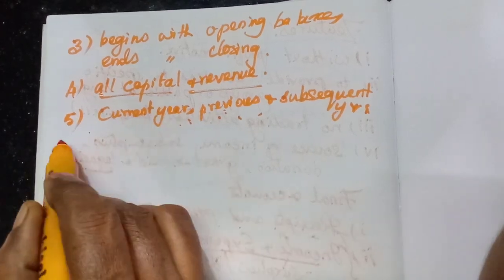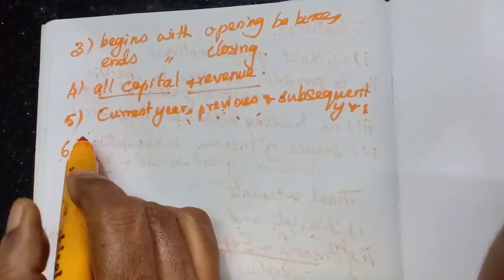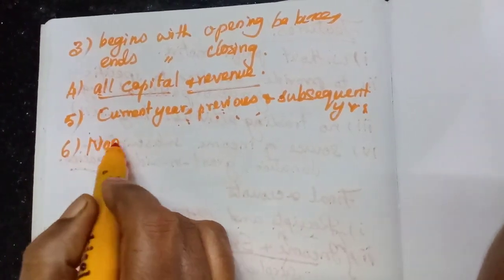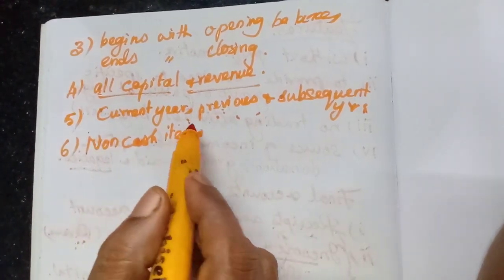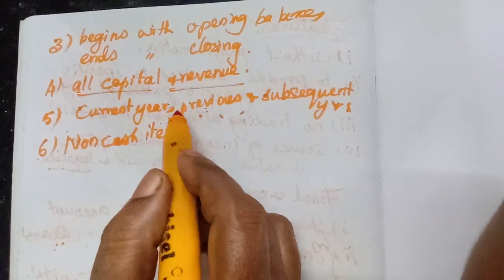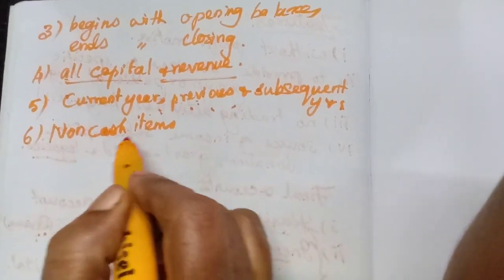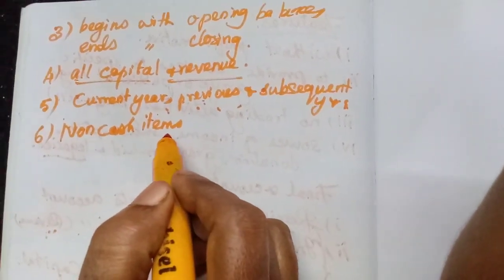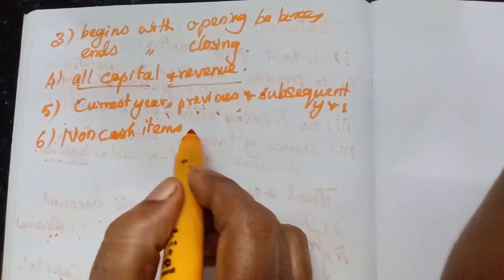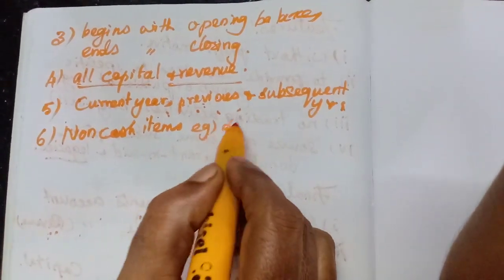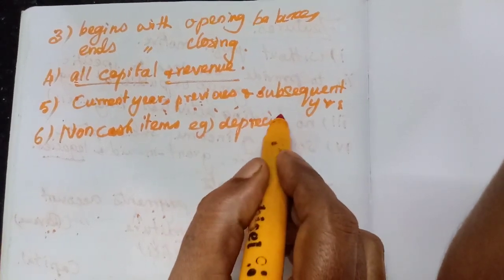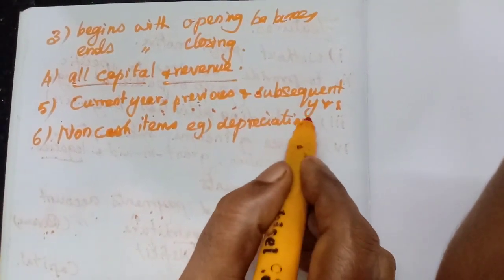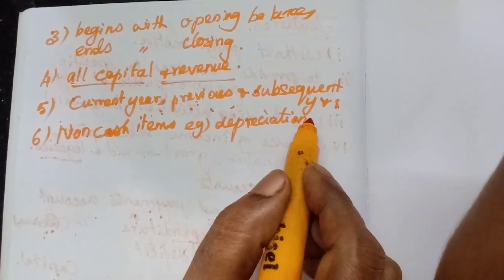Understood? But which one will not come? Non-cash items, because this is only a record of receipts and payments of cash and bank. For example, depreciation, where we deduct a particular sum from the value of the asset, will not appear.